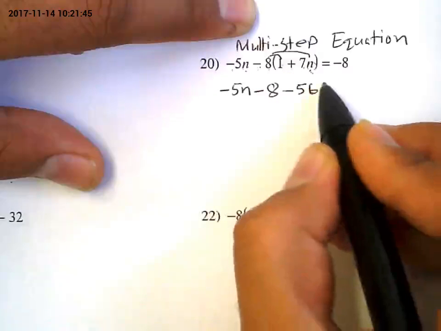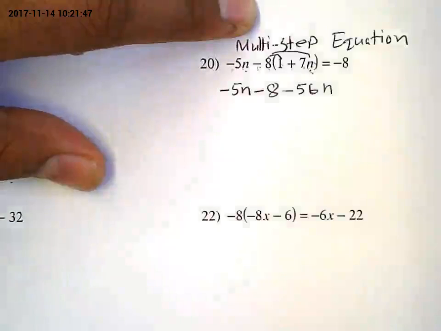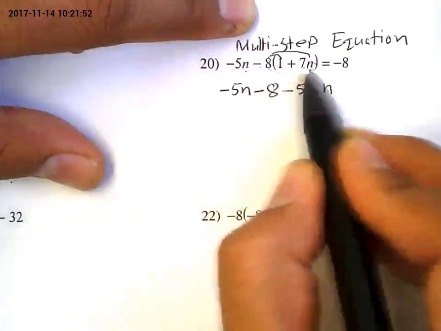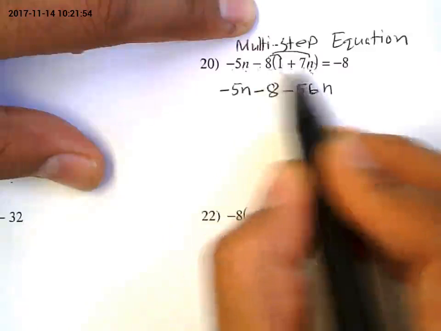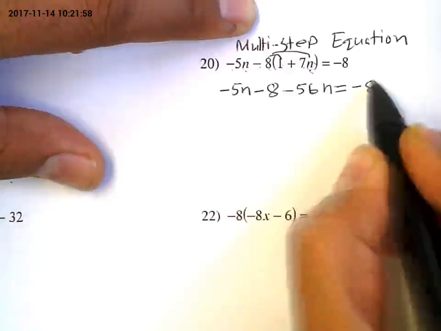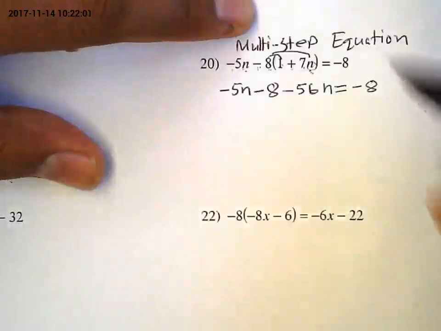Then there's the variable n. So we distribute the 8 to whatever number you have inside the parenthesis, equals negative 8. So this is one step now.